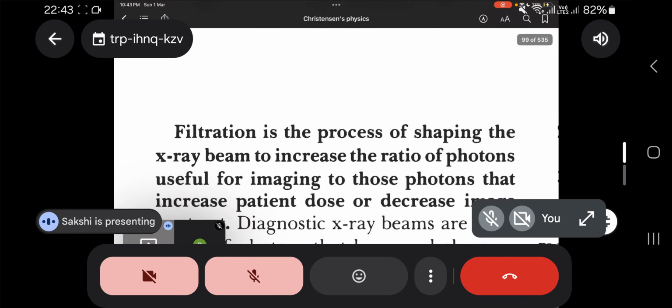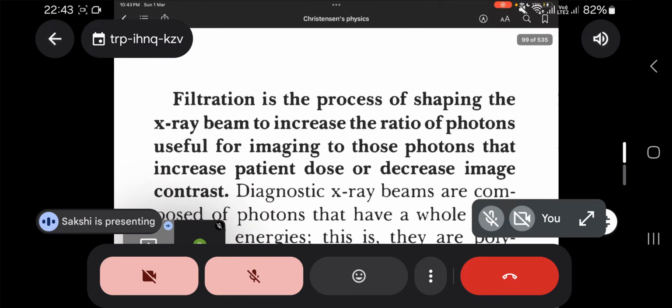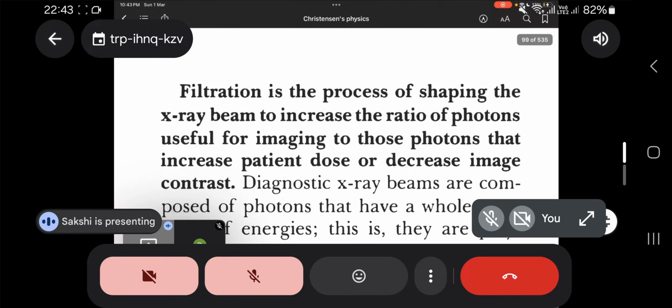Low energy radiations, obviously they'll just absorb, and the rest of the radiation which is useful for the radiographic image, they'll just let go to make the radiographic film. So what is filtration? Filtration is just a process of shaping the X-ray beam. Shaping means removing the low energy rays to increase the ratio of photons useful for imaging to those photons that just increase the radiation dose.